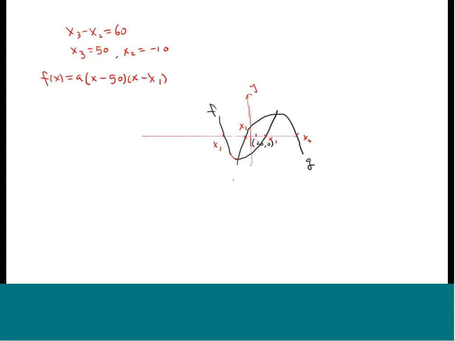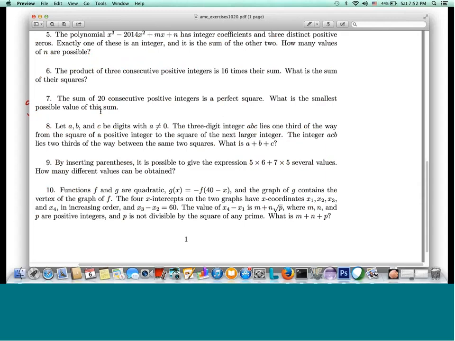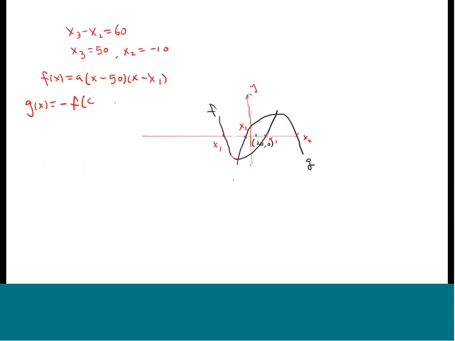We don't need to introduce a new variable anymore. So then g(x) equals minus f(40 minus x), which is minus a times (40 minus x minus 50) times (40 minus x minus x1), so equals minus a times (x plus 10) times (x plus x1 minus 40).